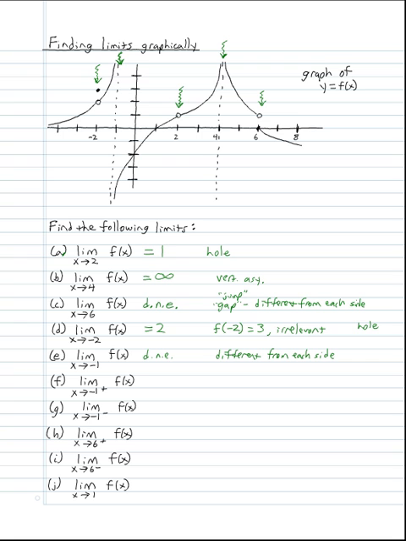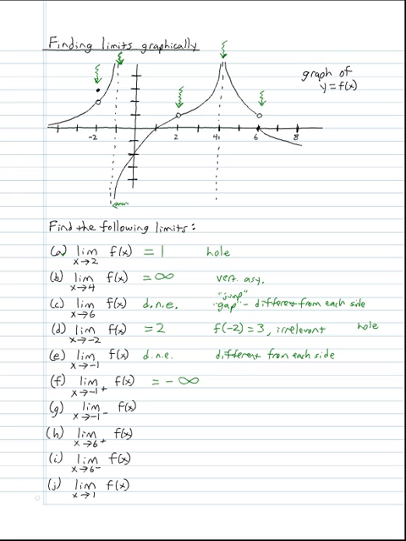Let's move on to part F then, and we'll look at the one-sided limit. Remember, the plus after the minus 1 means that we're taking the limit as x goes to minus 1 from the right. So this time I'll draw my little squiggly coming from the right toward minus 1. If we look at what's happening to the function as we go from this right side, it's going to minus infinity, on that vertical asymptote, so that would be our limit.